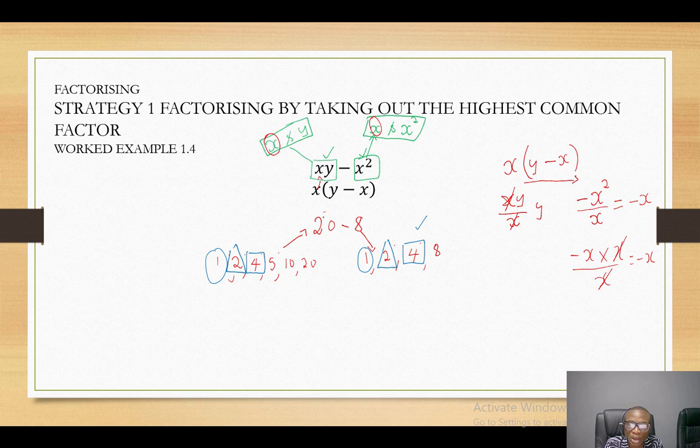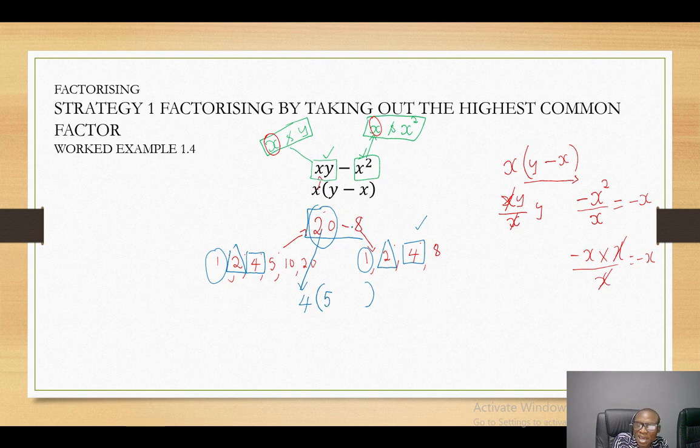So I'm going to factorize this number 20 minus 8. So I'm saying the highest common factor of 20 minus 8 is 4. So you say 4, you open the bracket. What is it that I write inside the bracket now? I said you go back to your expression 20 minus 8. So you say 20, your first term, you divide it by the highest common factor. So you say 20 divided by 4, which is 5.